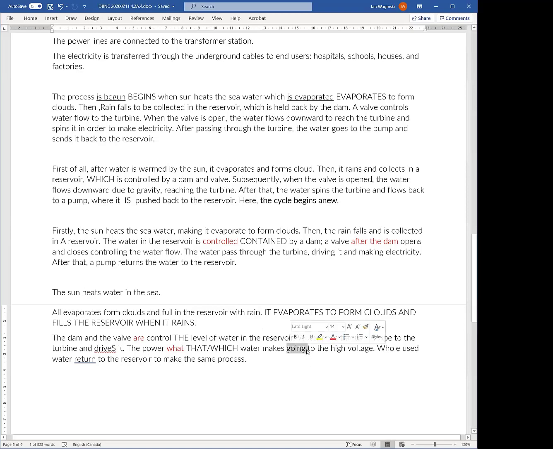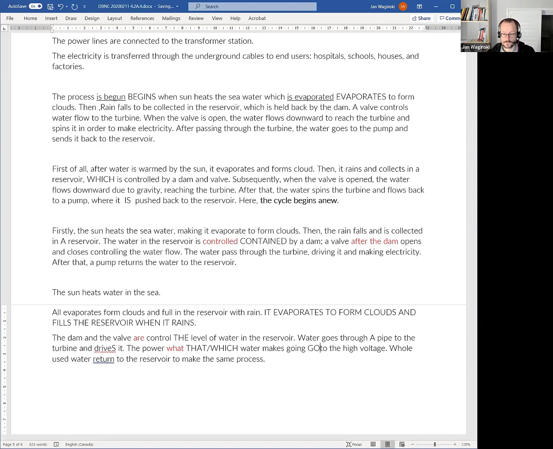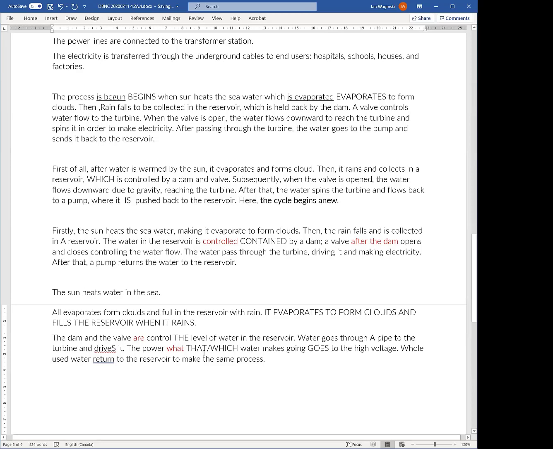I go, you go, water goes. Yes. Power goes, water goes. Present simple is the most common verb tense. That's why this is so important. Goes to the high voltage cables.